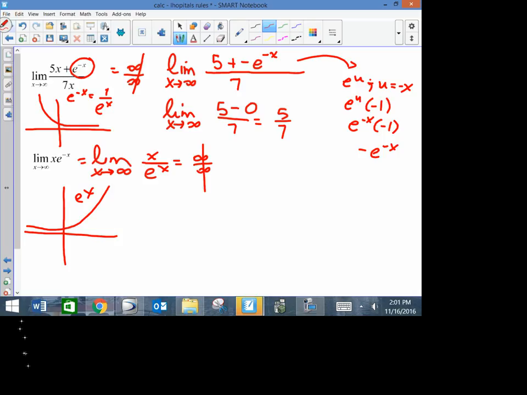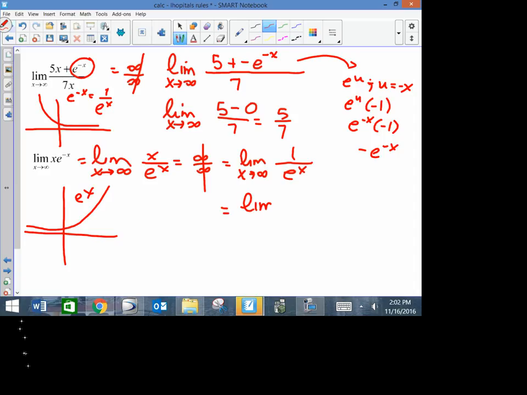Okay, so that means we can use L'Hôpital's, right? Limit as x approaches infinity of 1 over e to the x, which also is e to the negative x. Okay, so let's do it again then. You're just going to keep doing it.